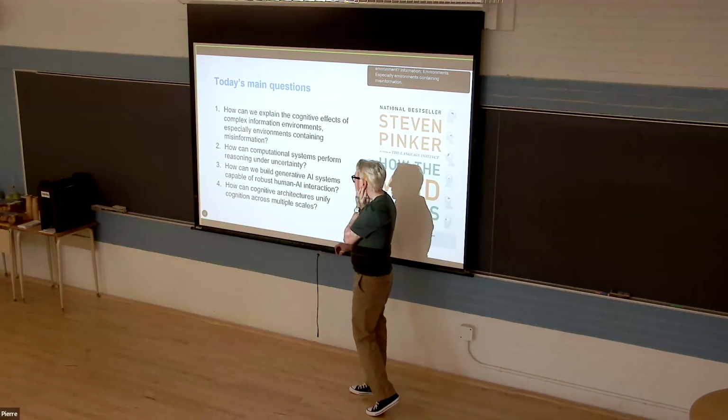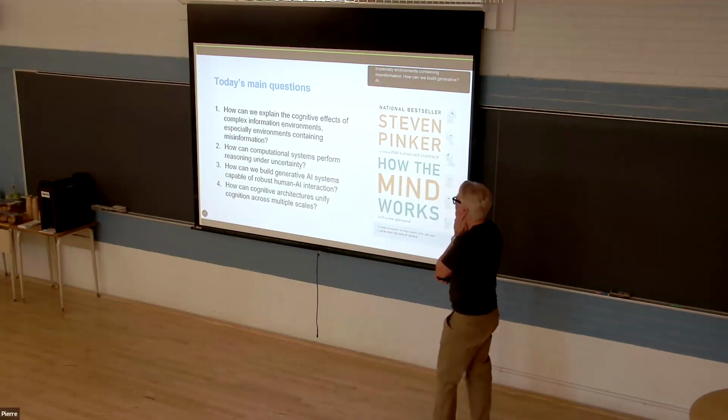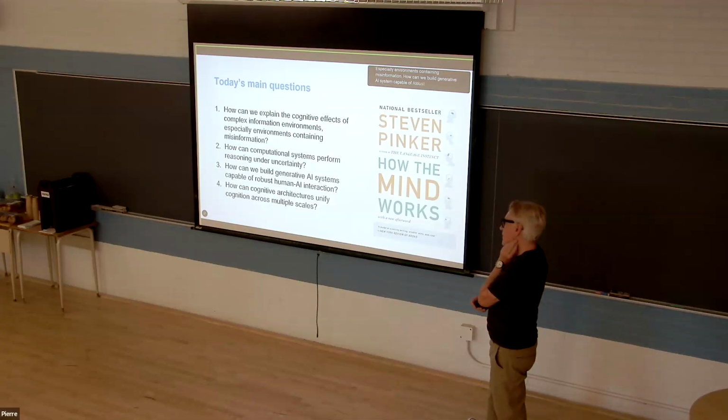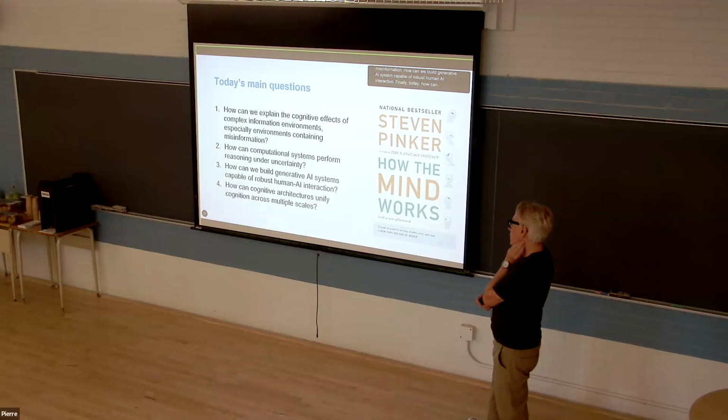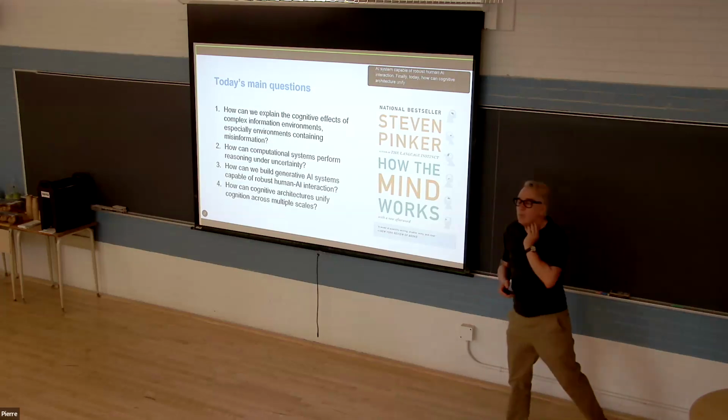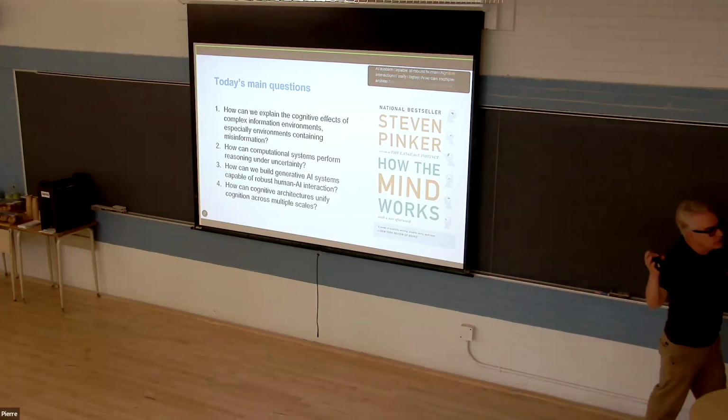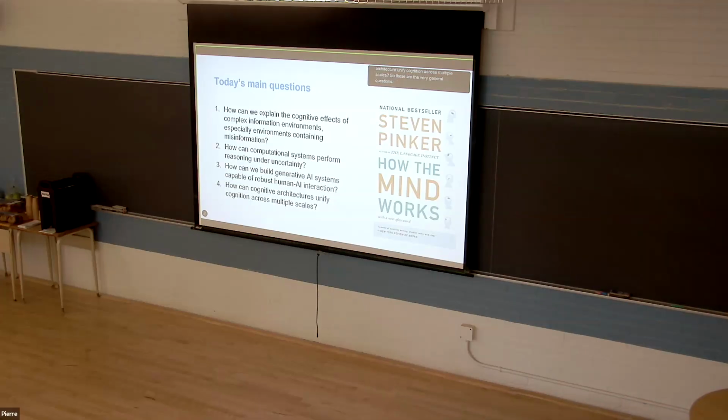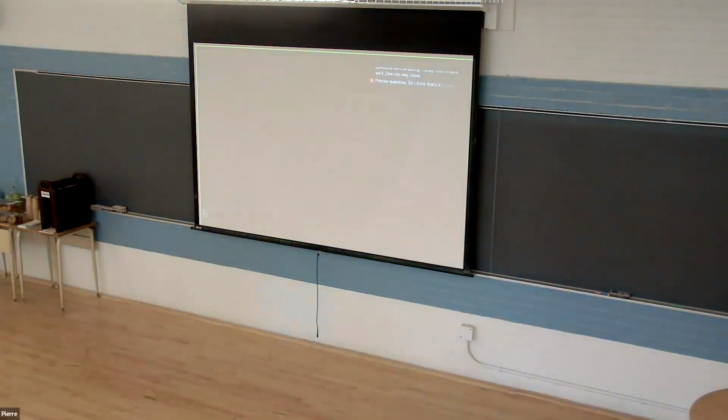How can we build generative AI systems capable of robust human-AI interaction? And finally, how can cognitive architecture unify cognition across multiple scales? So these are the very general questions we'll be asking today, but I'm sure we'll dive into way more precise questions. So I think that's it for me. Thank you, and have a good day on cognitive architectures.